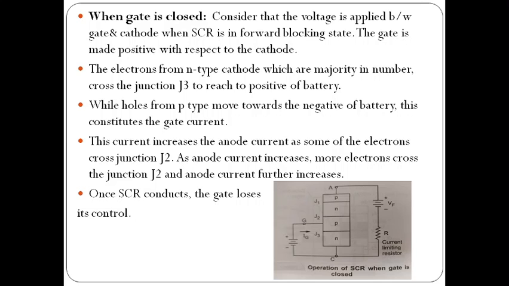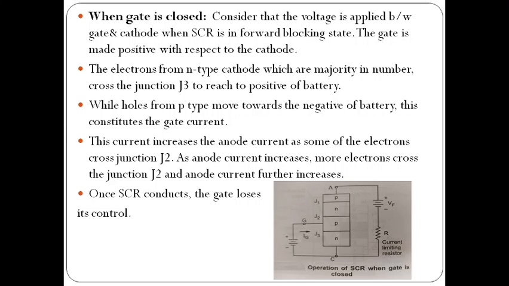Once gate current passes in the gate terminal, the SCR starts conduction. Once SCR starts conduction, the gate terminal loses its control.